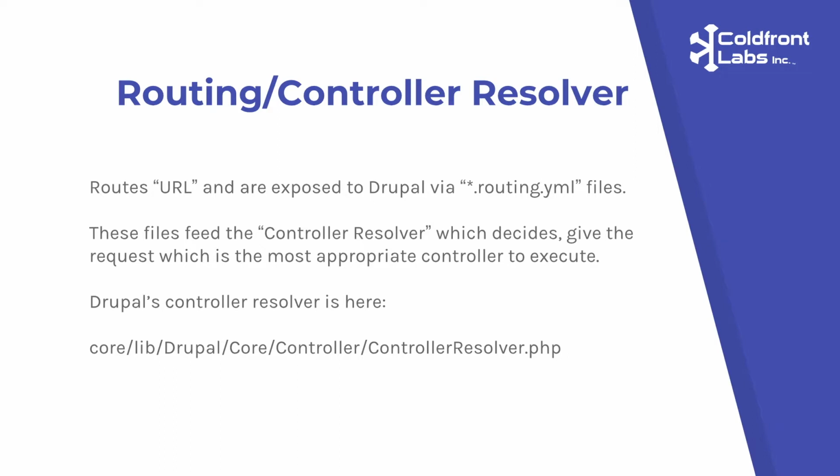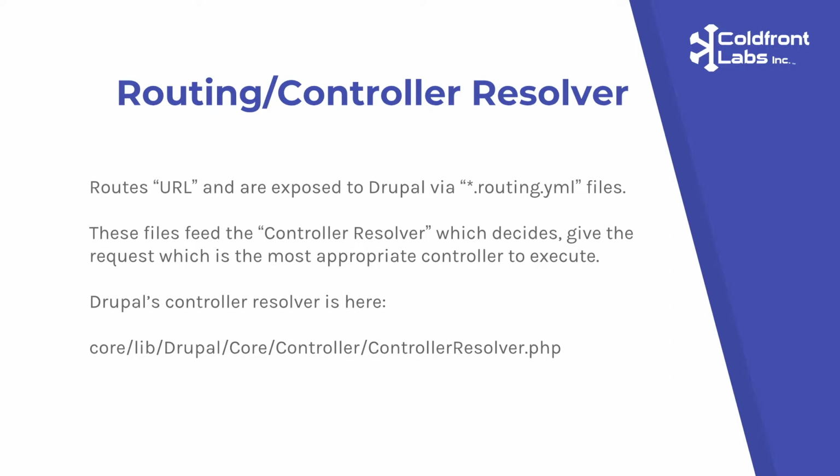But before we can just start a controller, we need to know which controller matches this request, depending on what's going on. And this is done by the controller resolver. Routing classes are utility classes for the controller resolver. So frequently, controller resolvers will say, well, what is the path that the user requested?